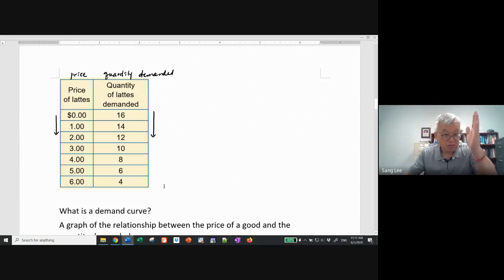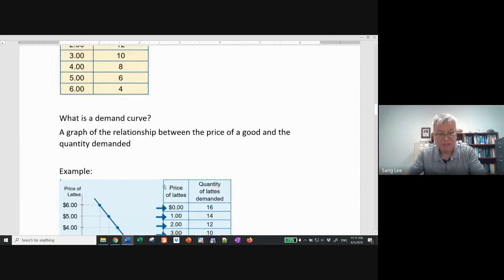So we're gonna record price of lattes along the vertical axis, and the second column, quantity of lattes demanded, we're gonna represent along the horizontal axis. And then we're gonna add a third line that is showing the relationship between price and quantity demanded.